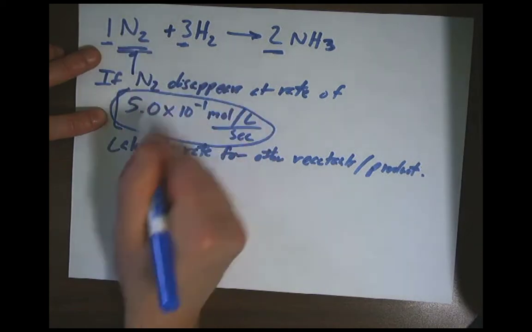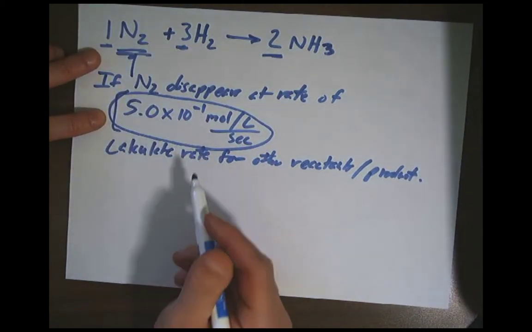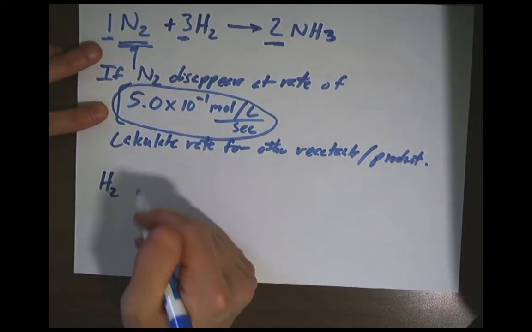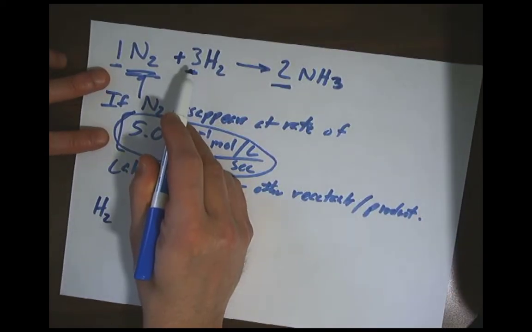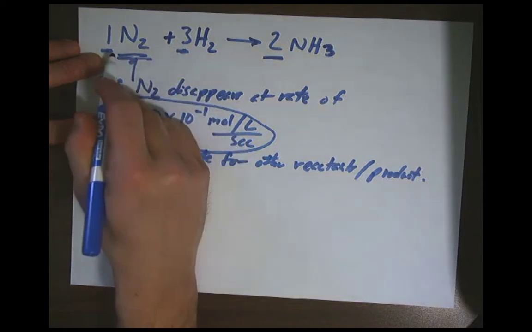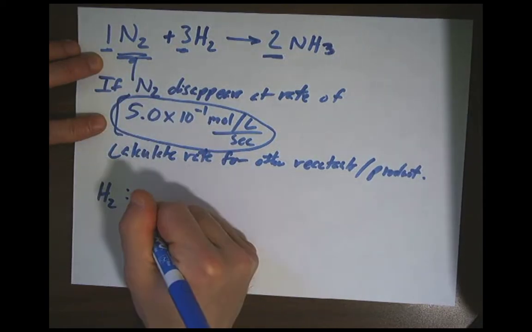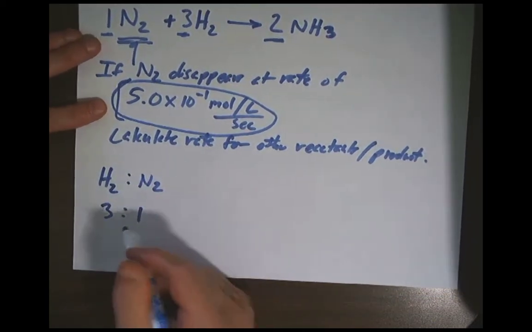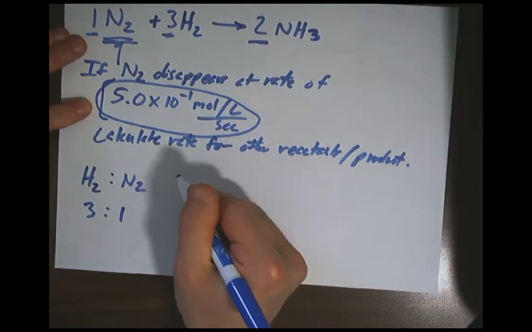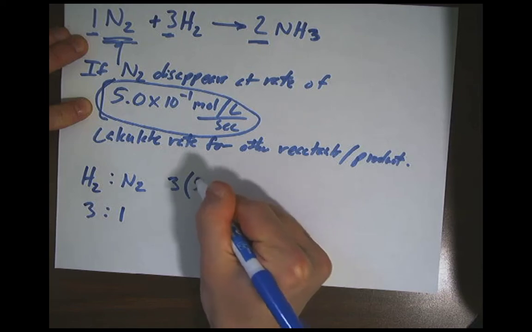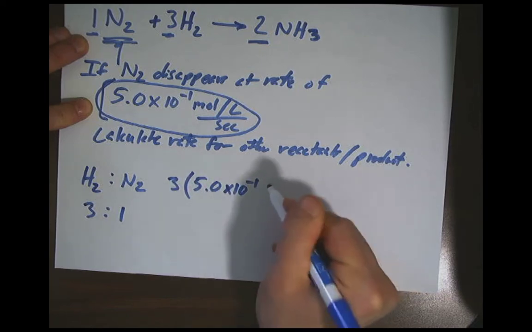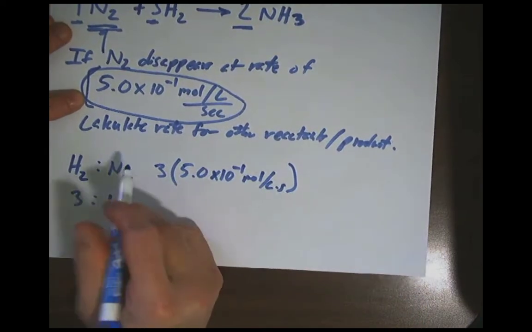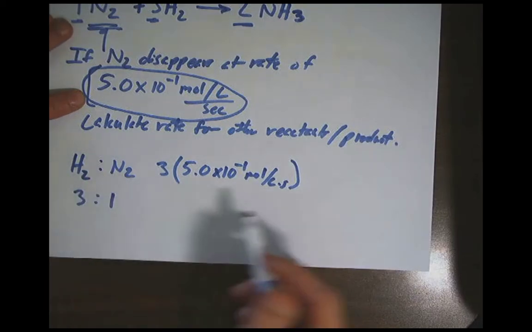So if we know N2 is this 5.0 times 10 to the minus 1, if I wanted to know how fast H2 is disappearing, since the ratio for H2 is 3 times that, in other words, H2 to N2 is, let's say, 3 to 1, then I know that I'm going to have to take 3 times 5 times 10 to the minus 1 moles per liter per second to figure out how quickly H2 is disappearing.